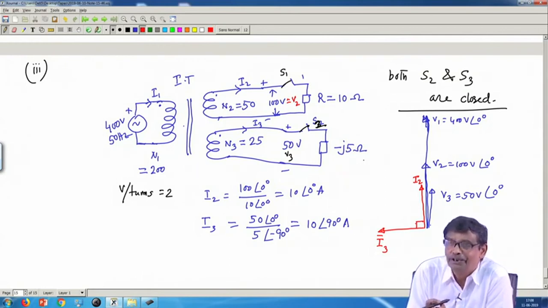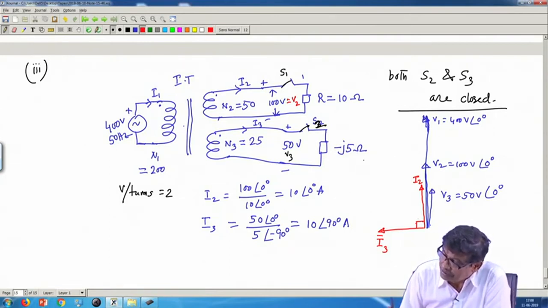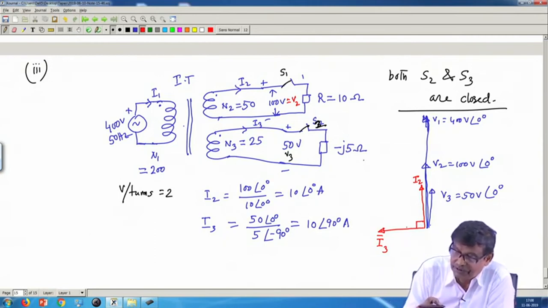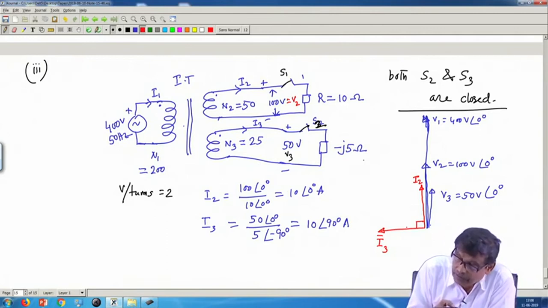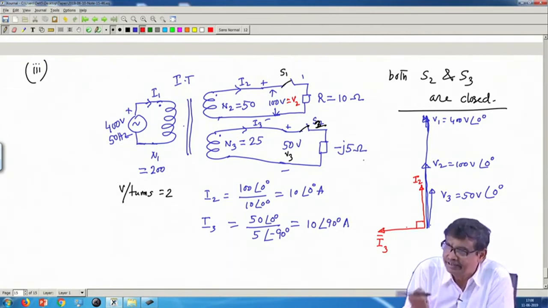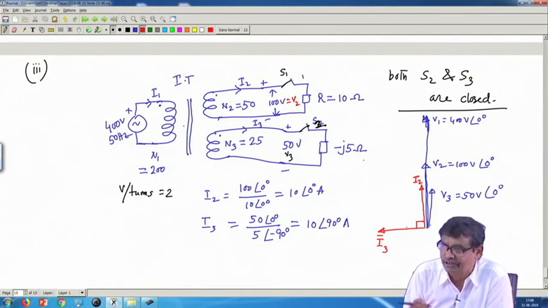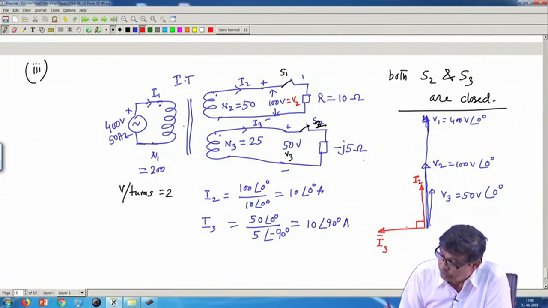It has to, because applied voltage is fixed here, KVL is to be satisfied. Therefore, what I will do? I will calculate I 2 dashed, because of this there will be an I 2 dashed, because of this there will be an I 3 dashed, and then this I 2 dashed and I 3 dashed I will add vectorially, phasor by phasor sum. So, what is this is I 2, I 2 is how much? I 2 is 10 angle 0 degree, I 3 is 10 angle 90 degree.